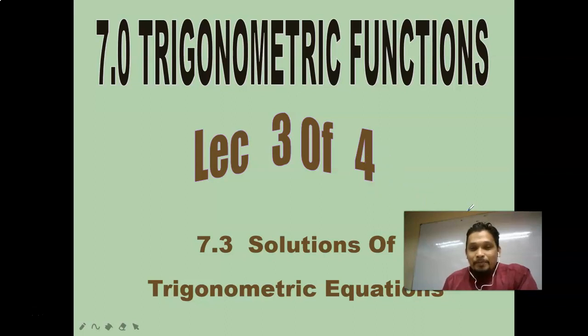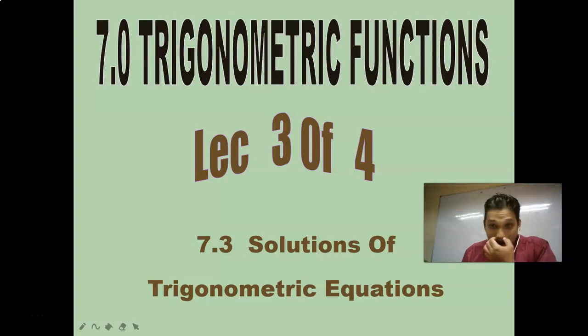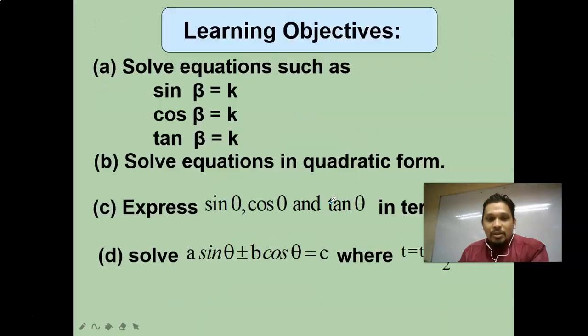Okay, so today we continue our lesson or discussion of topic 7 here, trigonometric functions, solutions of trigonometric equation. Let's take a look at the content of this subtopic, and I do hope that all of you please refer to your lecture notes.